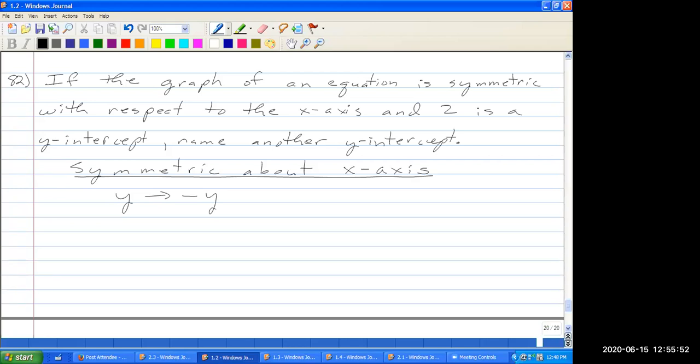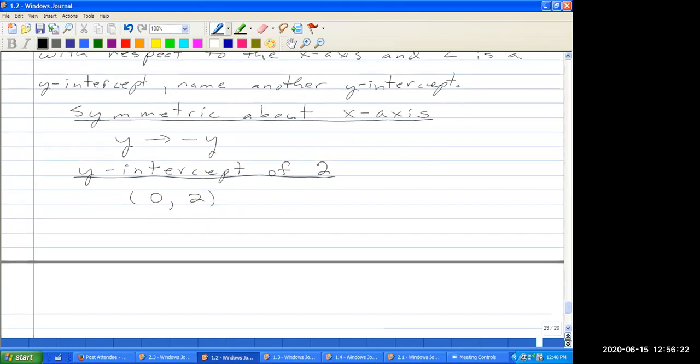And I have that 2 is a y-intercept. Actually, we're a little sloppy. We don't mean that that's the y-intercept. We mean that that is the y-coordinate of the y-intercept. So the y-intercept is (0, 2).